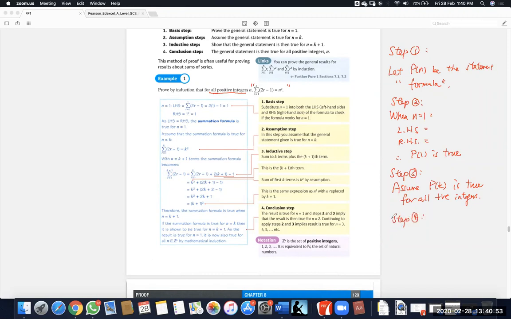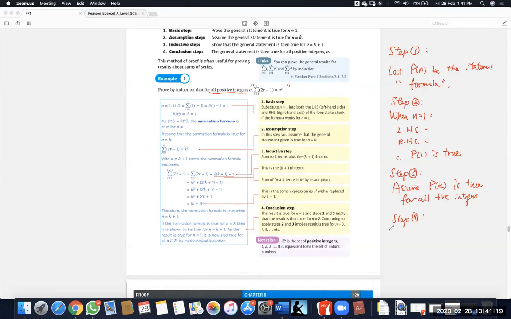Step 4 is the main part of the proof. It is the most difficult part, maybe, because step 1 is just the same for every question. Step 2 is just substituting n equal 1, and step 3 is the same too.